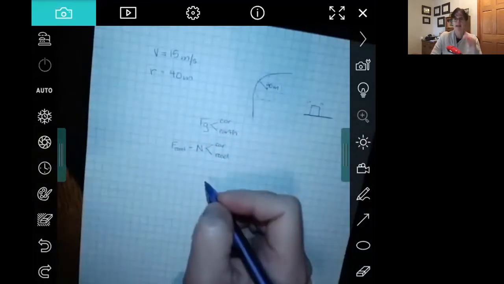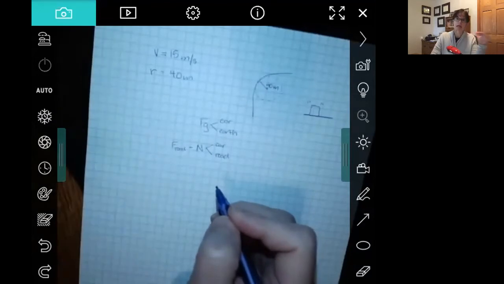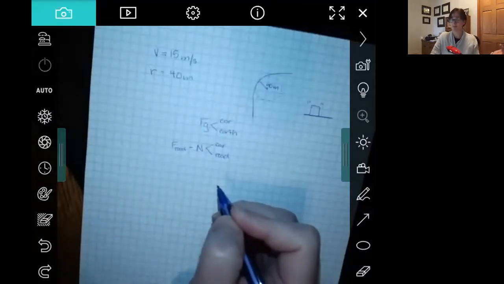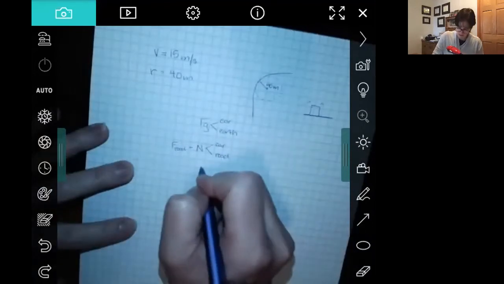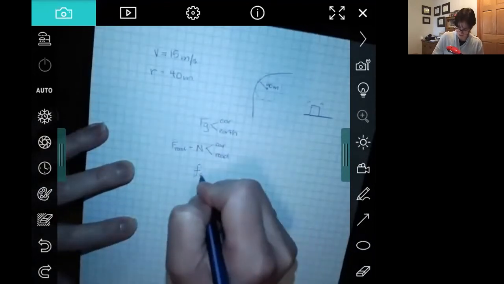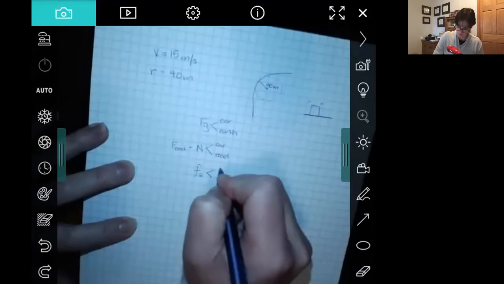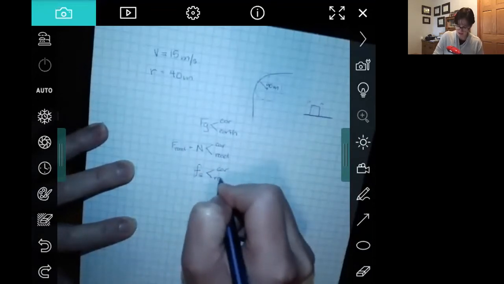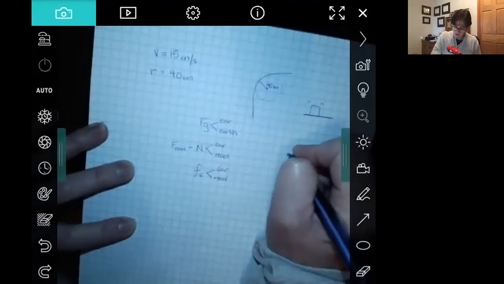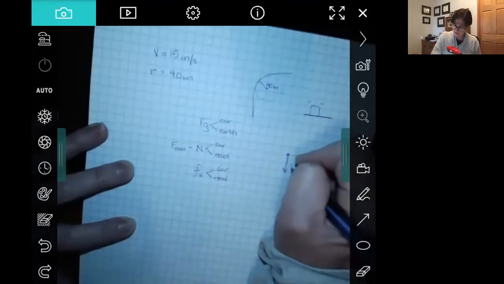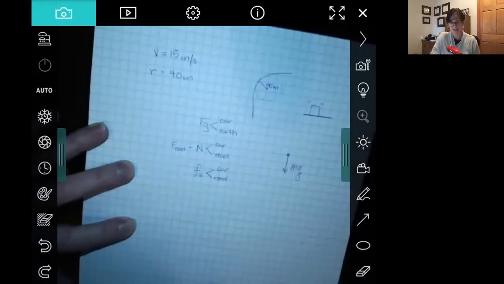And then we said that if the car was going to slide off the road because it's going too fast, something's got to prevent it from sliding. And we know that things that are prevented from sliding are due to a static friction force. So that's between the car and the road as well. So if we draw a free body diagram of our car, we have the force of gravity, which we know is mass times gravity.